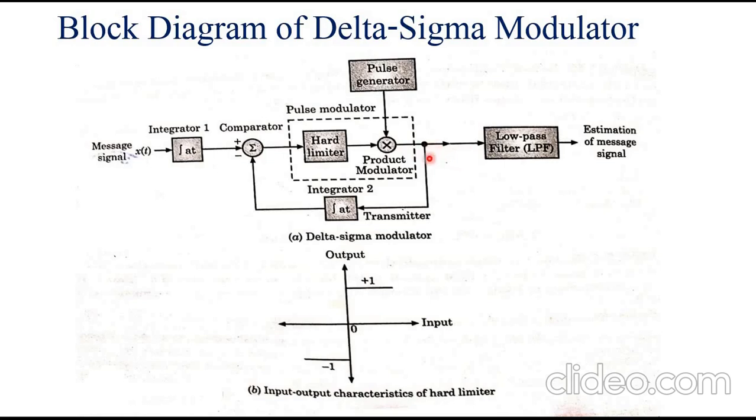The same output signal is applied to the second integrator, and the output of integrator 2 is compared with the output of integrator 1 with the help of the comparator. So this is basically the block diagram of the delta sigma modulator.